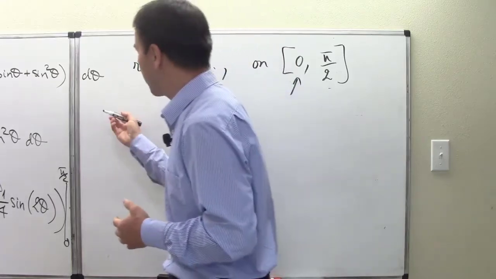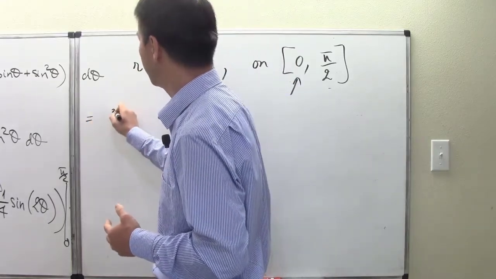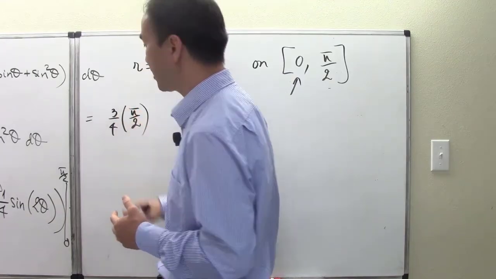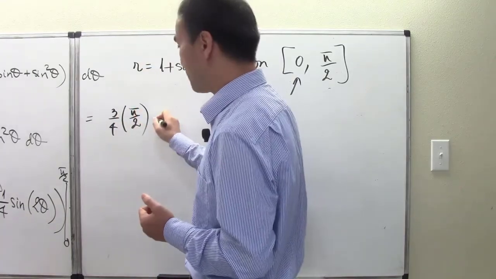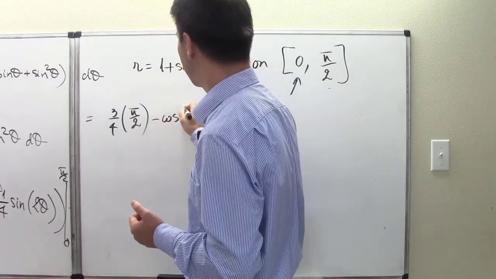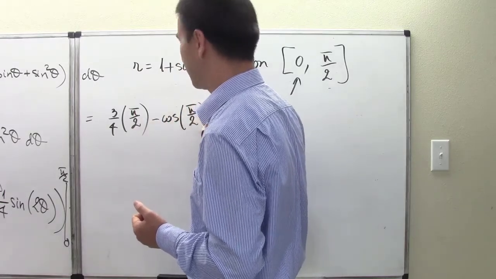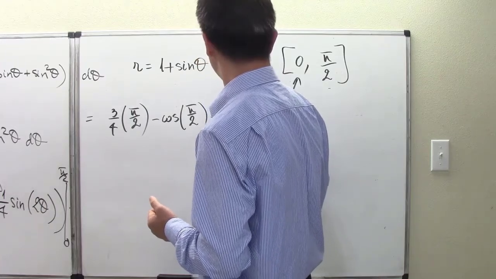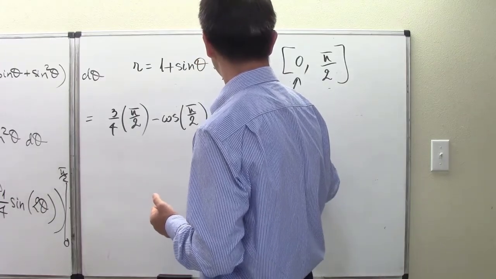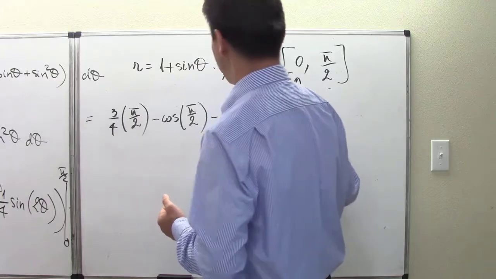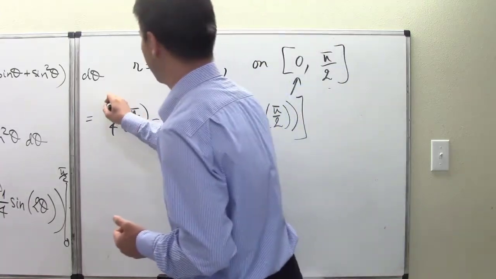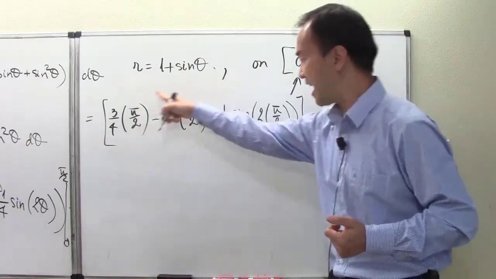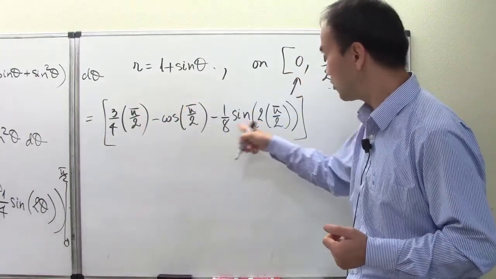So that is going to give me 3/4 times pi over 2. This is how I substitute in that upper limit, and then minus cosine of pi over 2, minus 1/8 times sine of 2 times pi over 2. All right, so all that here is the antiderivative evaluated at theta equals pi over 2.